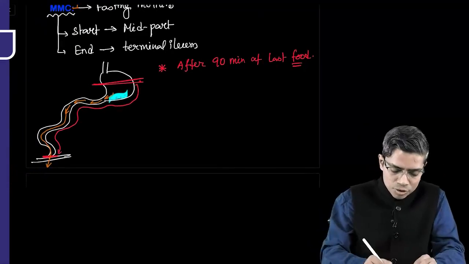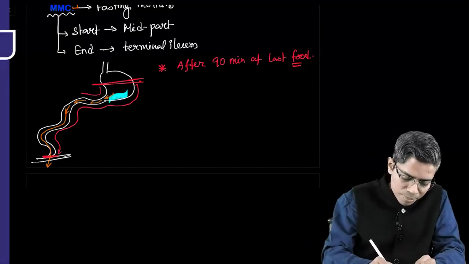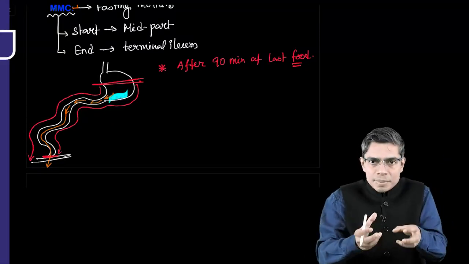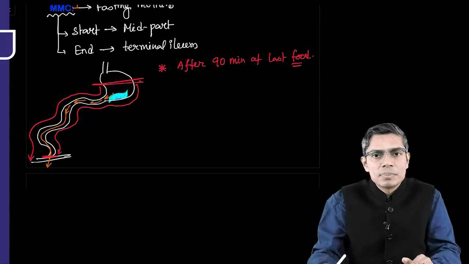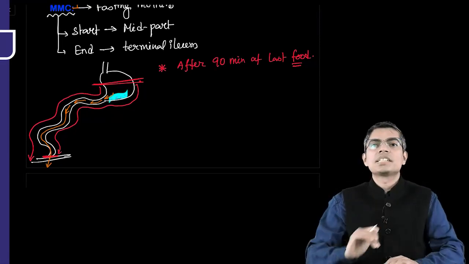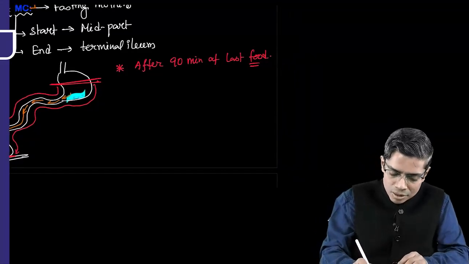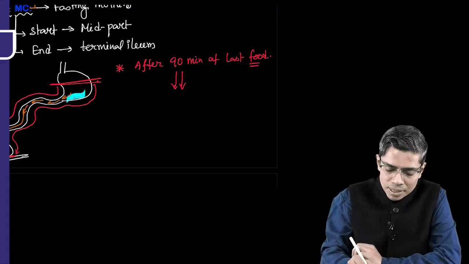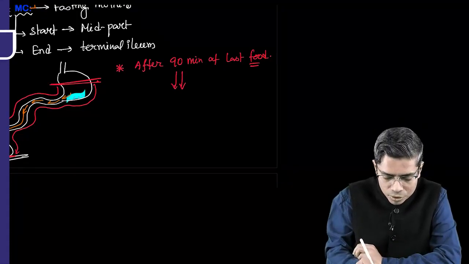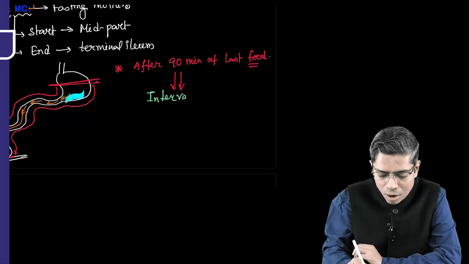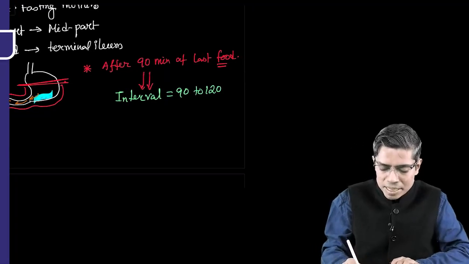Whenever MMC starts, the strong contraction will move from the mid portion of the stomach up to the level of the ileum. You will feel a little bit of contractile pain inside your abdomen. We know that as the hunger pain basically. Then this contraction will disappear. Again this contraction will reappear for a second time at an interval of again 90 to 120 minutes.